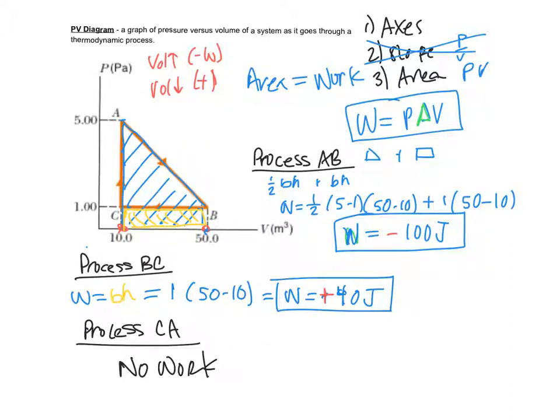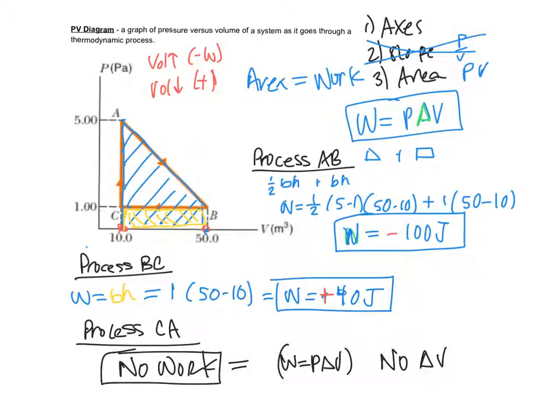The reason there's no work, as I stated in an earlier video, is that work is all related to the change in volume. So if there's no change in volume, who cares what the pressure is or how the pressure changes? 0 times anything is 0. So no work in that process because there was no change in volume. So process CA, no work.